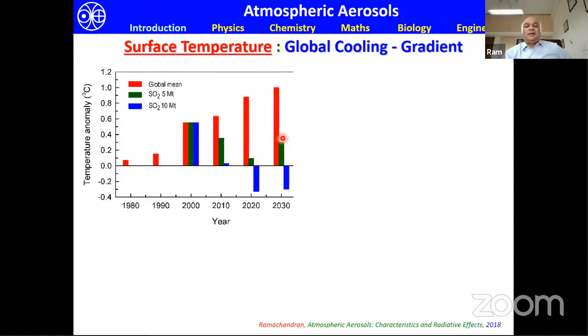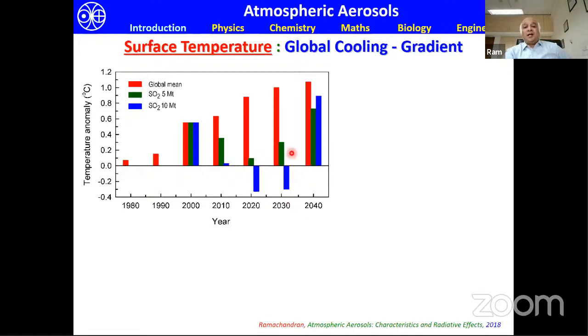Now let us see what happens if I extend this for another 10 years or so, but with a caution that I stop injecting the 5 megatons and 10 megatons of sulfur dioxide into the Earth's atmosphere. I stopped from here to here.